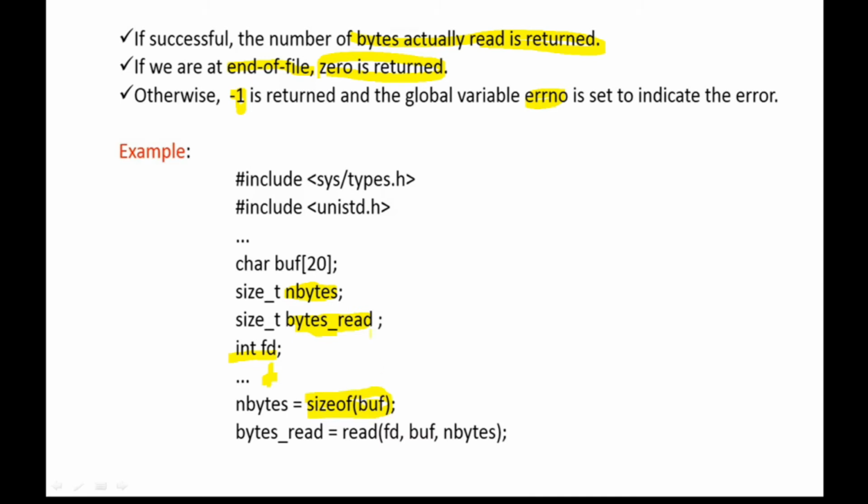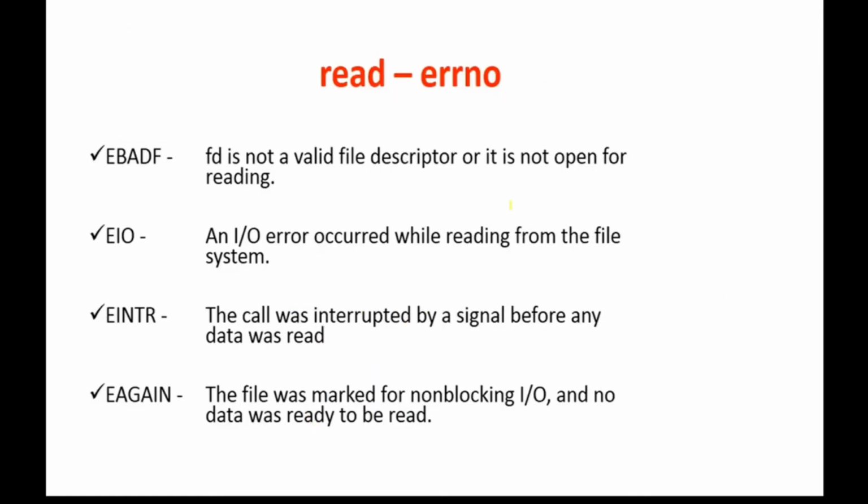For that I am just getting the size of the buffer by using the sizeof function. So read, file descriptor, buffer, then nbytes. nbytes of data will be read from this file and stored in the buffer, and how many bytes you have read will be returned and stored in bytes read.